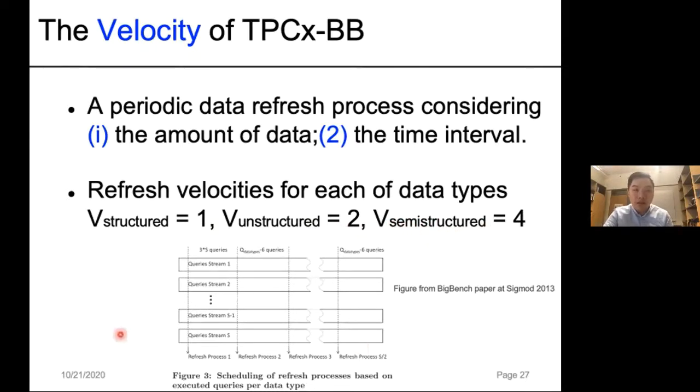For the refresh process, it requires that at least 3 times S queries must complete before the first refresh set can start, and at least the Q date type minus 6 additional queries must complete before the second refresh set can start. By this definition, the refresh velocity will be defined.